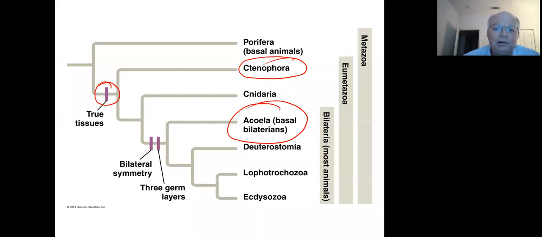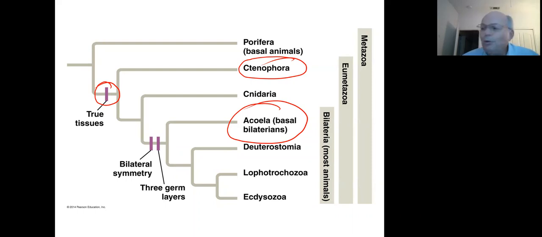They certainly share a lot of traits with bilaterians in terms of development and body plan. So it is possible that these will remain within the bilateria, but as a sister clade to the three main clades of bilateria, or a basal clade to the three main clades, the deuterostomia, the lophotrochozoans, and the ecdysozoans.